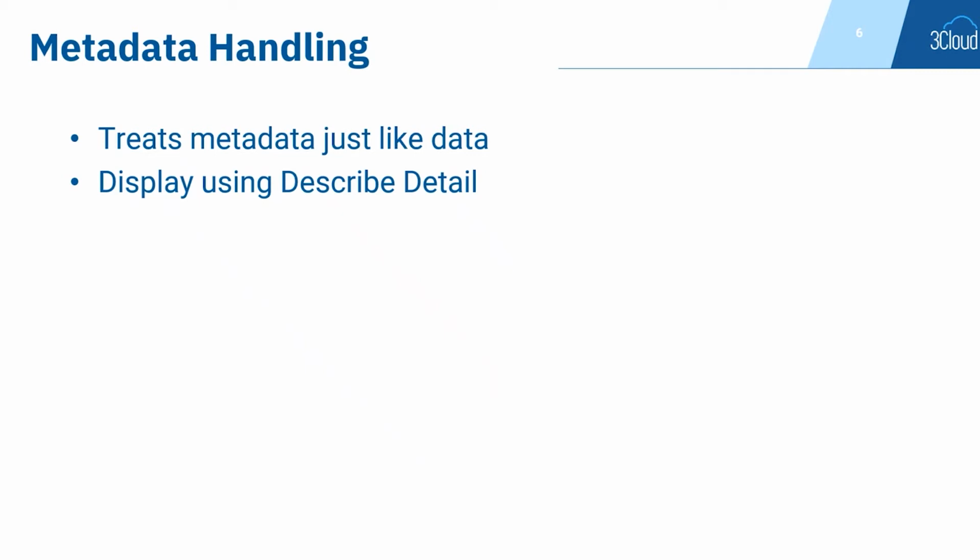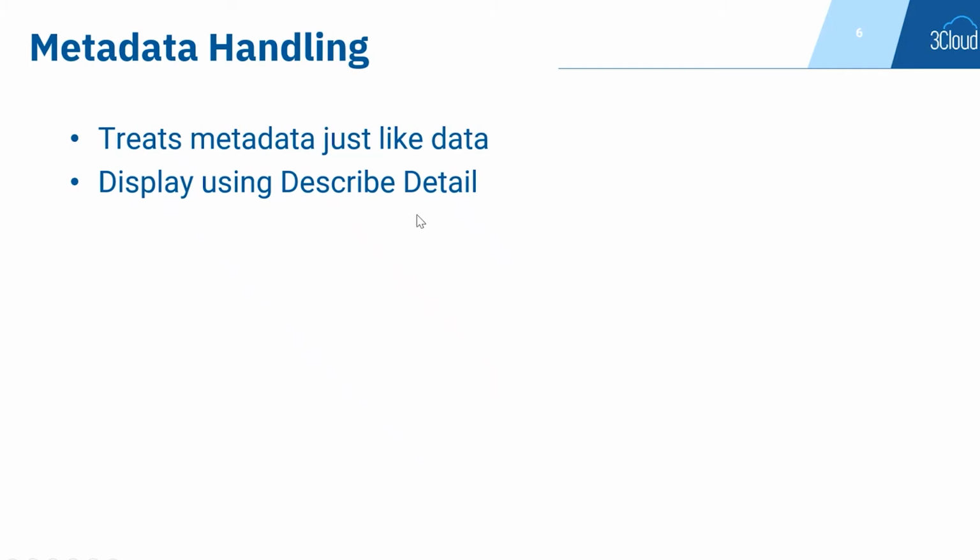There are no problems handling the metadata. It's stored just like the data, and you can display it using a feature of the syntax called describe detail, which describes all the metadata that's associated with the table.